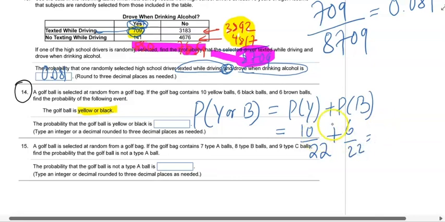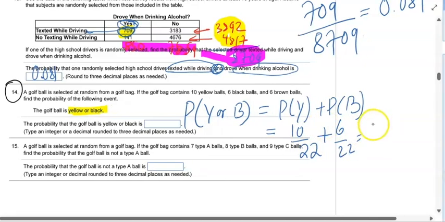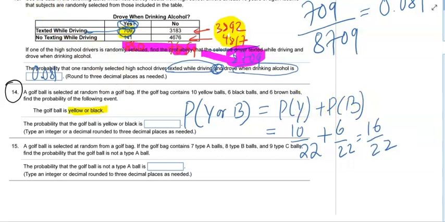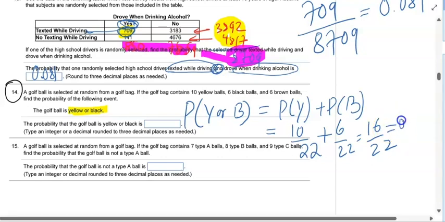In other words, 10 plus 6 divided by 22, which is going to be 0.727 when you round it to 3 decimal places. That's the answer, 0.727.